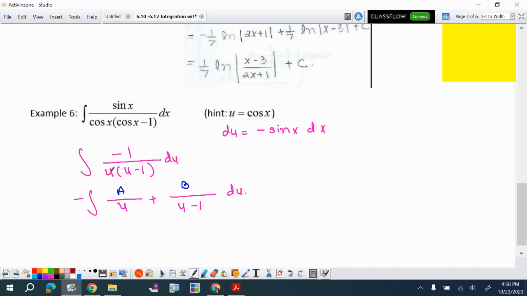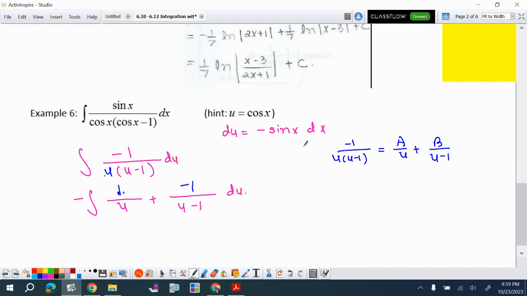So a is found when u is 0. If you substitute 0, this cancels out. Substitute 0, 1 over negative 1 is 1. So that means this is 1, that's a. Substitute u equal to 1. So that's gone, and this b value comes out negative 1. Again, if you are struggling with this, you can go on the side and use a over u plus b over u minus 1 equal to negative 1 over u and u minus 1.